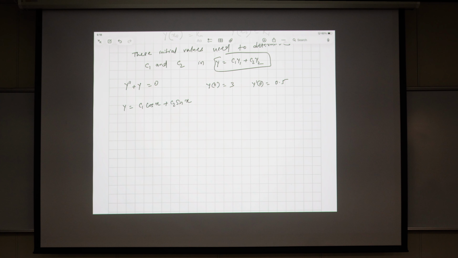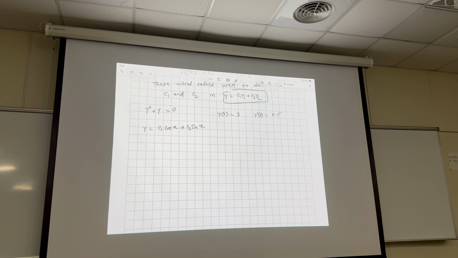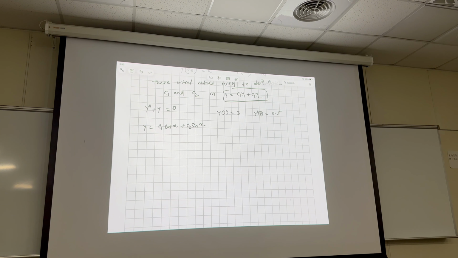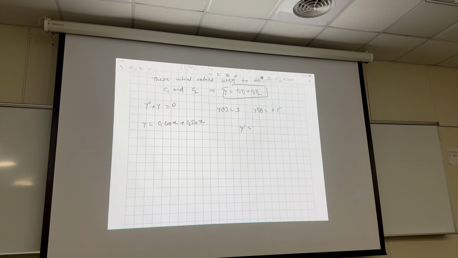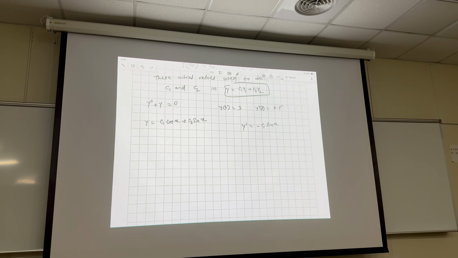Then how to solve this one? You need to calculate what is y dash. You have to put the value for y, this value, to find out what is y, and then the value. Your y dash is minus c1 sin x plus c2 cosine x.